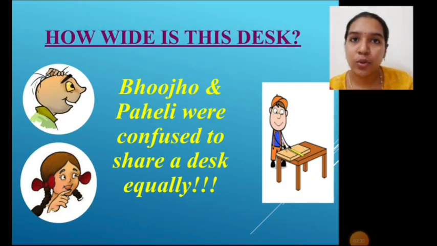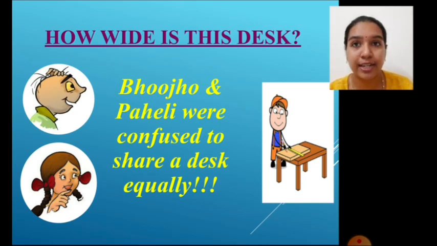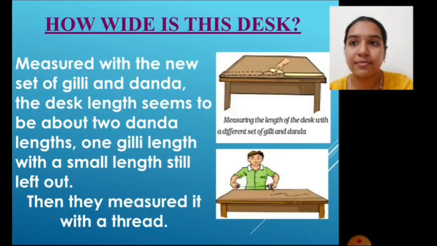I hope you have remembered the experience of Bhujo and Paheli about measuring the desk equally for sharing. When they measured with different sets of gilli and danda, the results were not the same. Then they tried to measure it with a thread and folded it into fractional units for correct measurement.